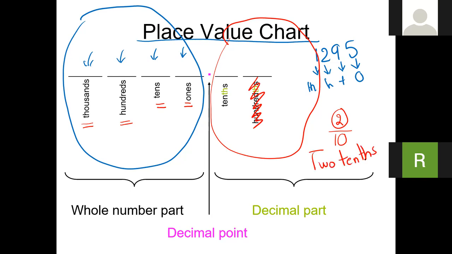Bravo. So the place value of 2 in the decimal part is tenths. For this reason, here I wrote tenth, because it represents a fraction, and we are dividing the square into 10 equal parts, so it's tenth. Okay?